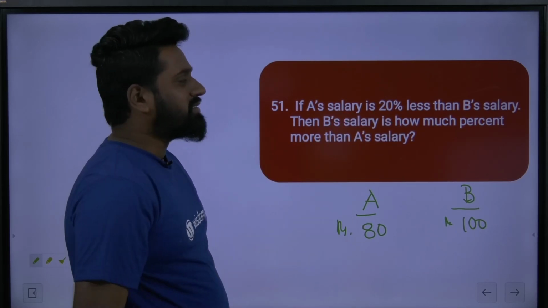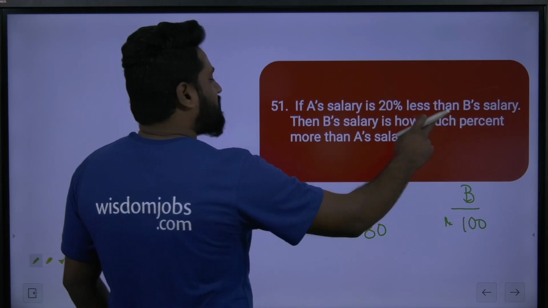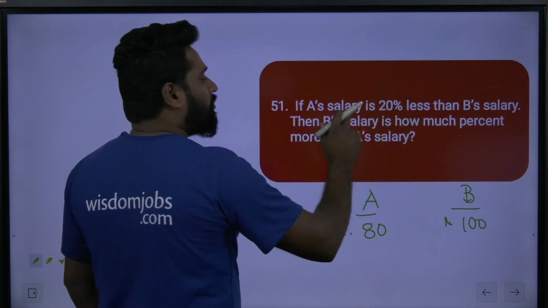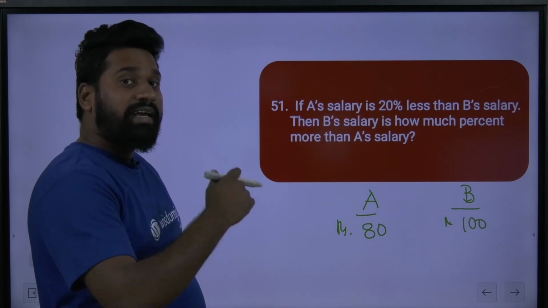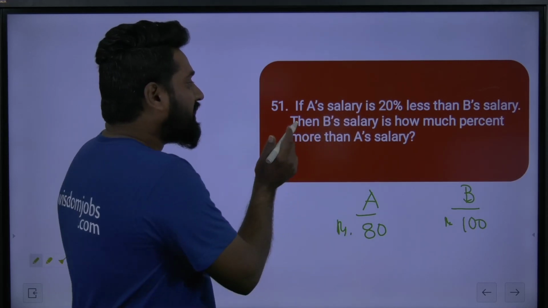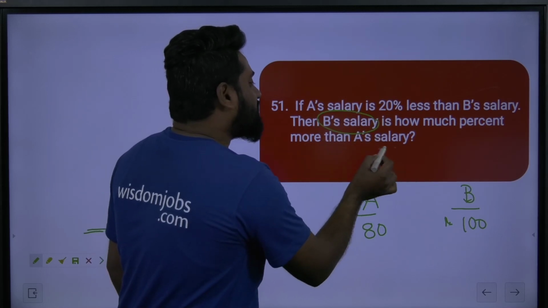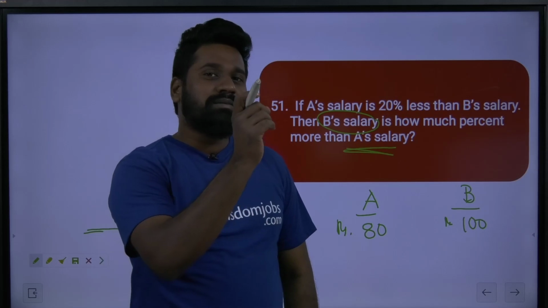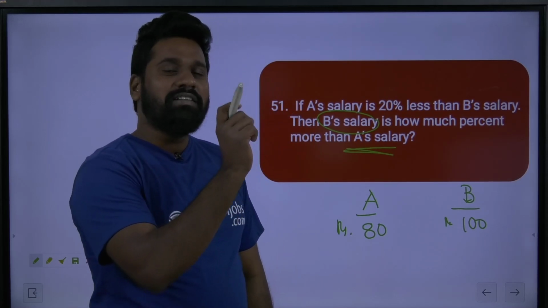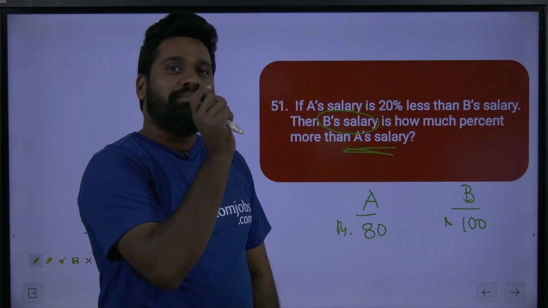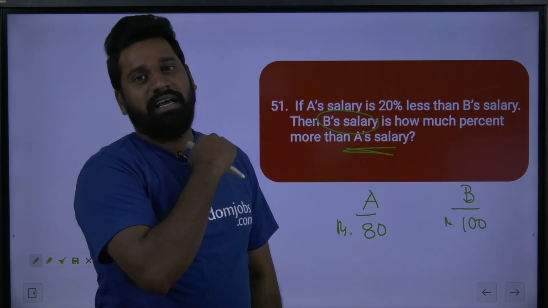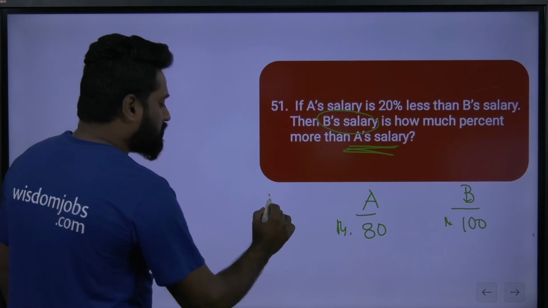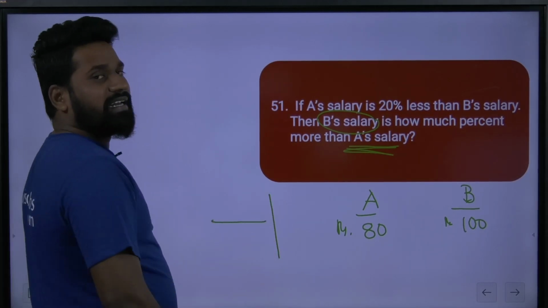Now finally what is asked? B's salary is how much percent more than A's salary? That means it is comparing B's salary with A's salary. I already told you everything is compared with one base factor. The base factor you should write in the denominator. It is comparing with A's salary, so you should write A's salary in the denominator.